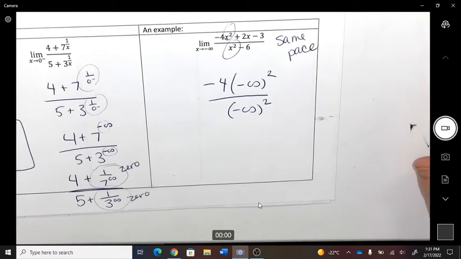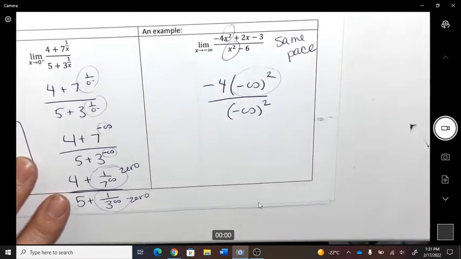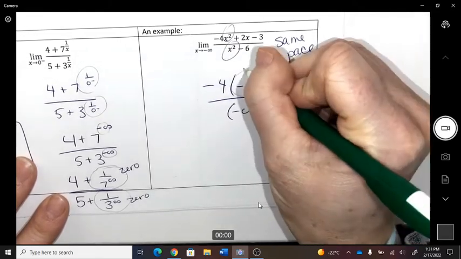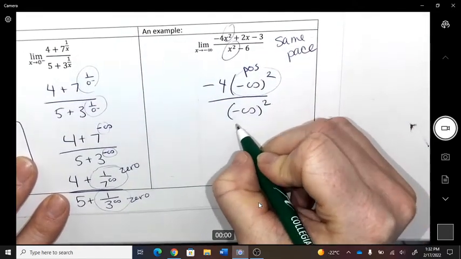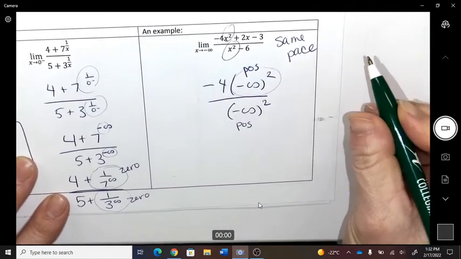Okay, so right now I know it's like a 4 with a 1, but I'm just going to analyze what's going on. Is it going to end up being positive or negative? So what happens with that? Negative squared. So that's going to be positive. And then this is going to be positive, right?